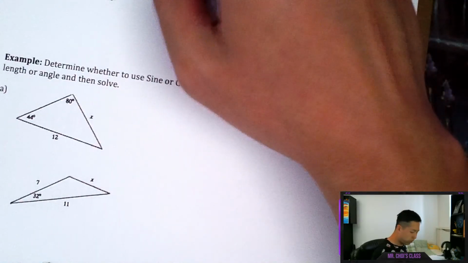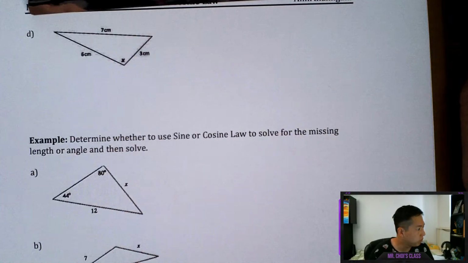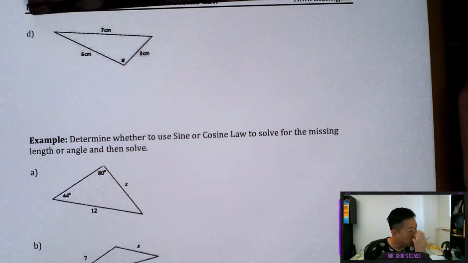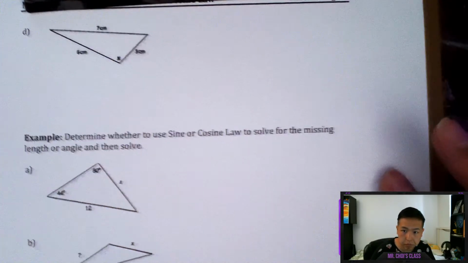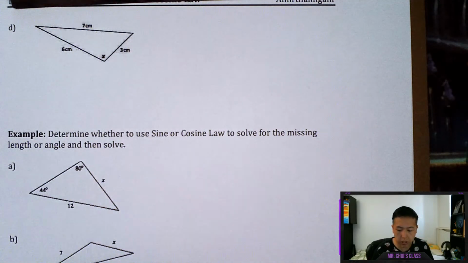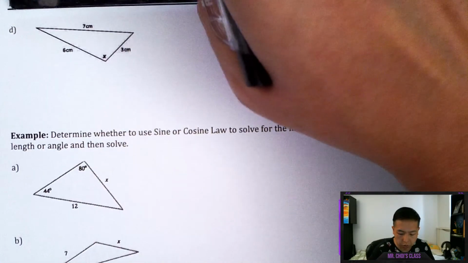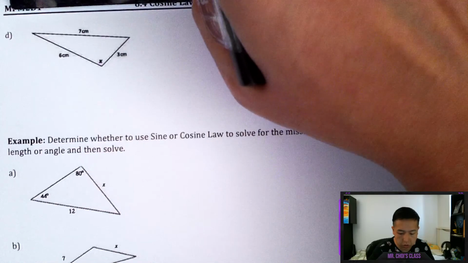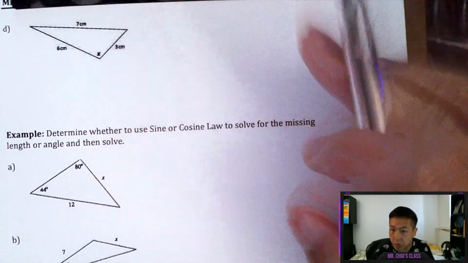Okay. Second page here. Lots of examples here. So this one, I would like you to try on your own. I'm going to give you 3 minutes to try this on your own. This one, let's try using that new formula.